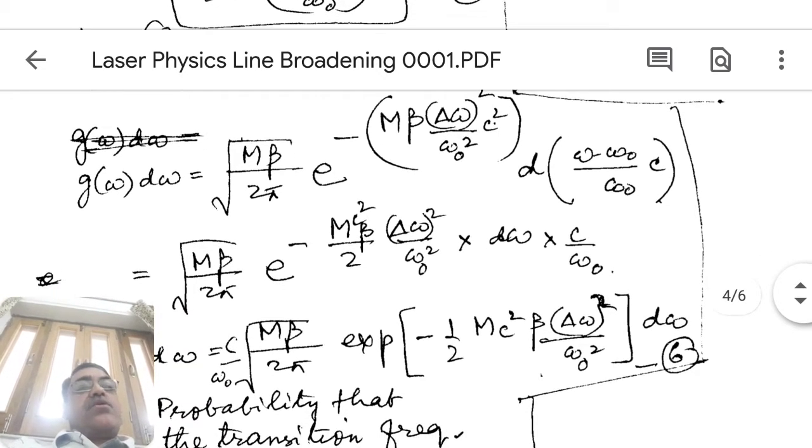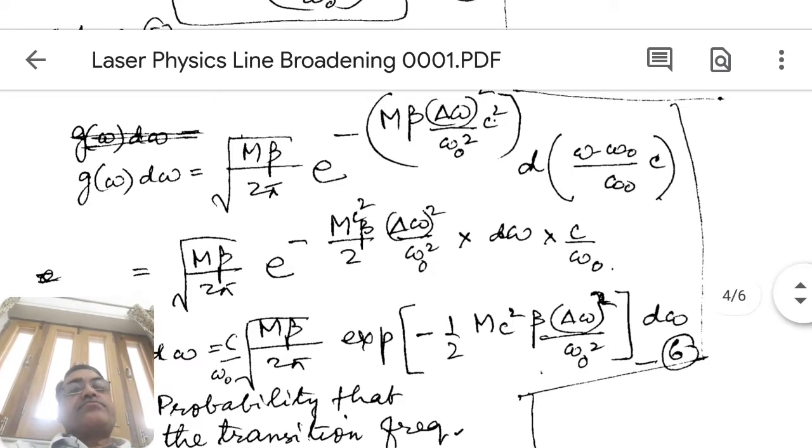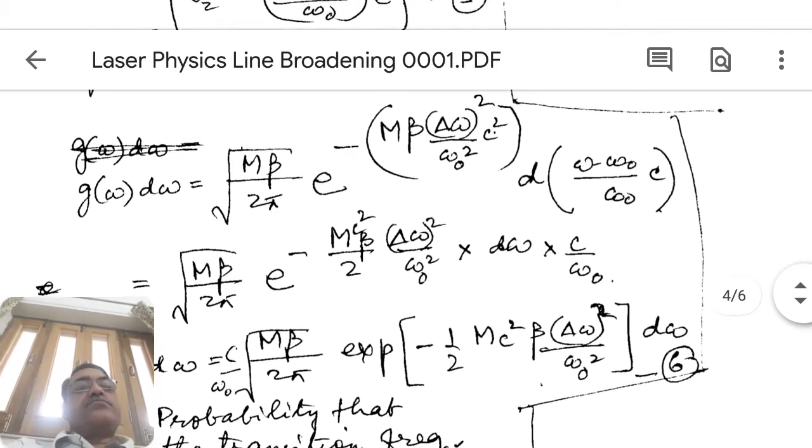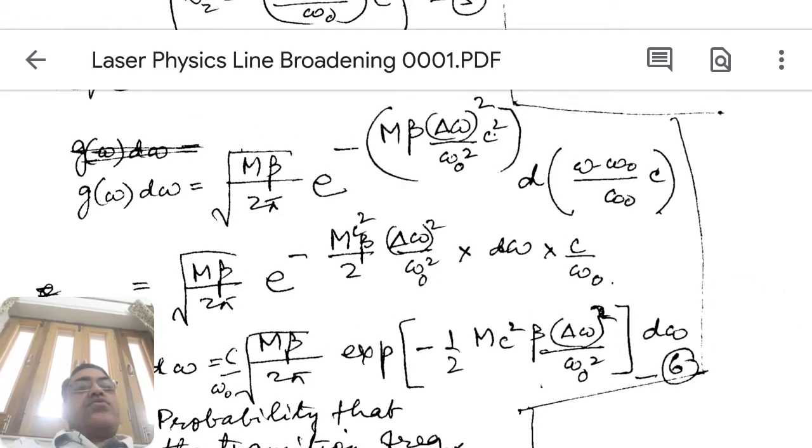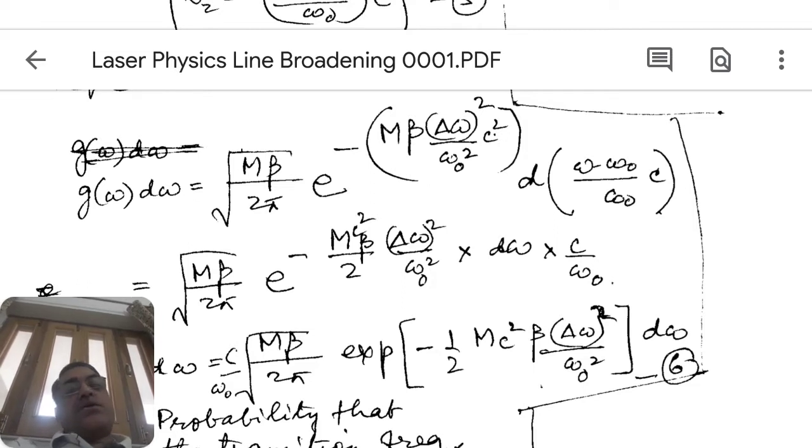Because omega naught is constant, we obtain the derivative d omega into c by omega naught, and the rest is the exponential term.